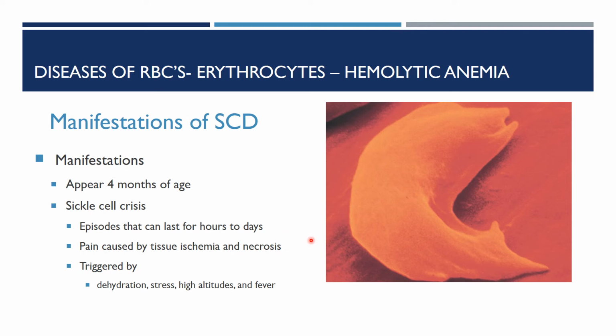The pain caused by sickle cell disease is caused by decreased blood flow to tissues. Anytime you have decreased blood flow to tissues, you see a reduction in ATP production. Well, if you can't maintain that ATP, then tissues start to die.